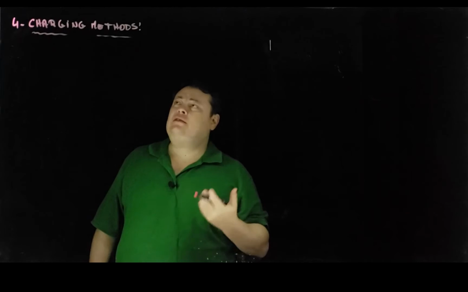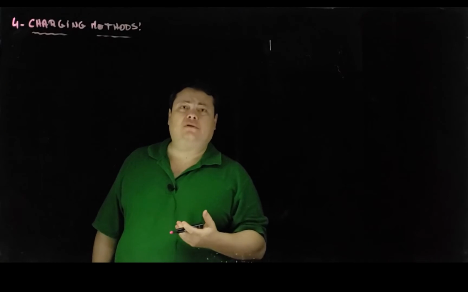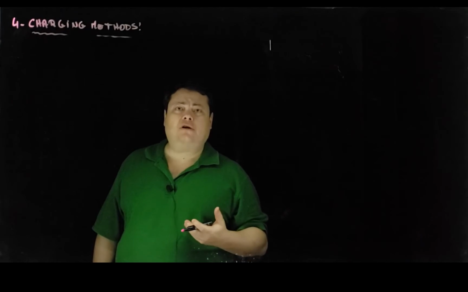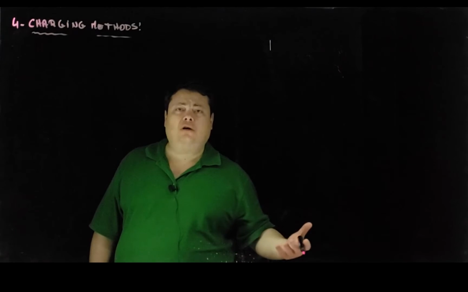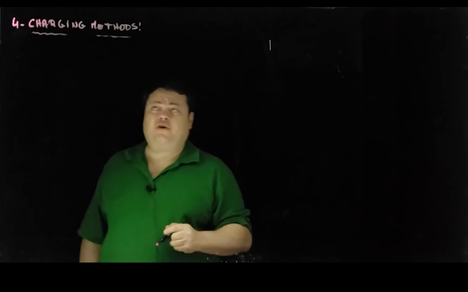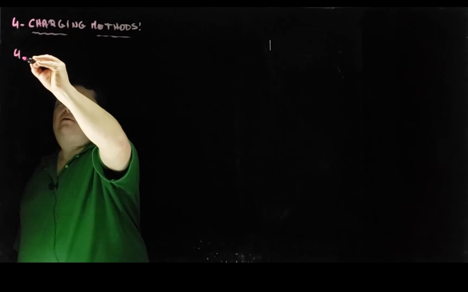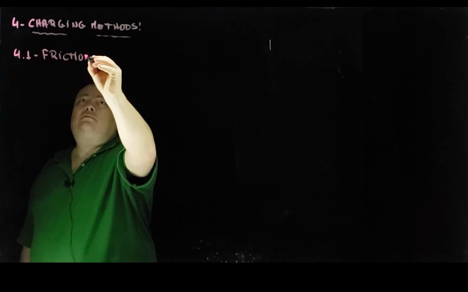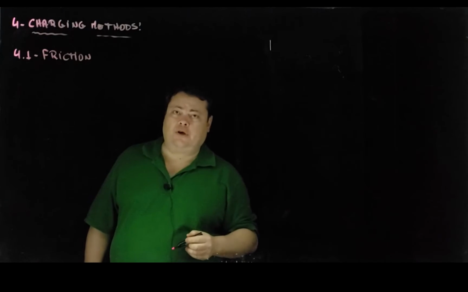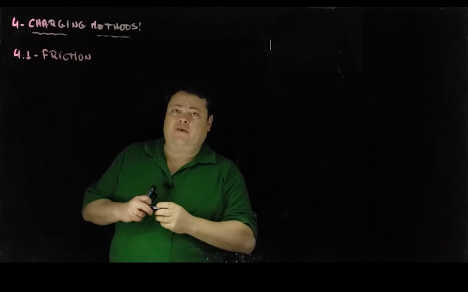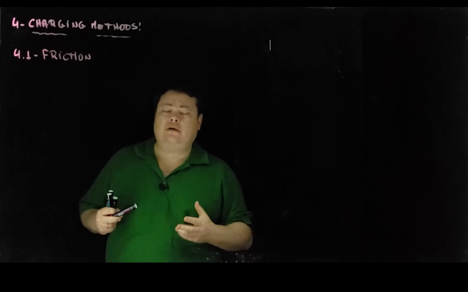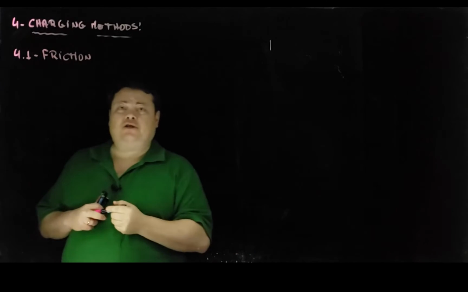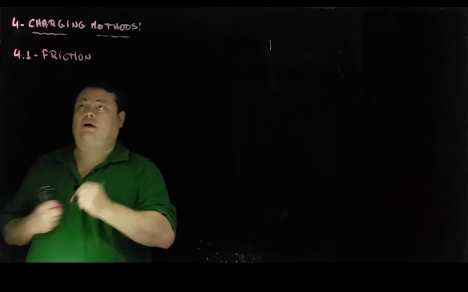So let's now talk about charging methods, the methods by which I can actually charge an object. The first example we're going to see is charging by friction. Okay, a very brief example of this is on the PhET simulation that I'm showing you right now here.